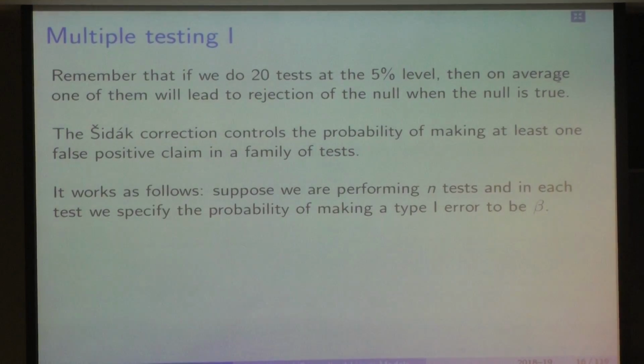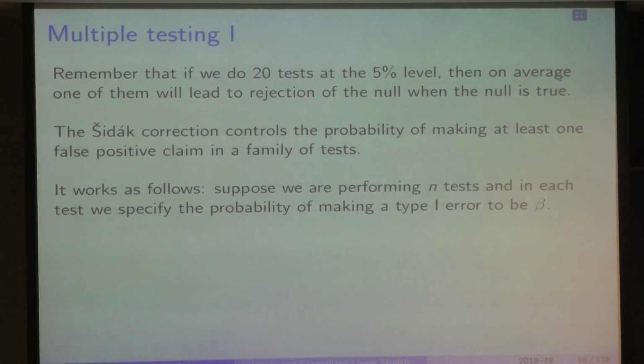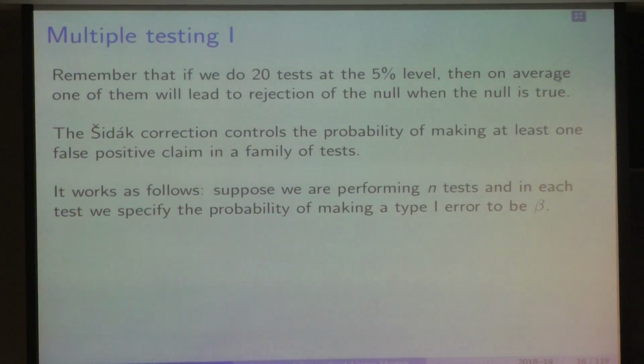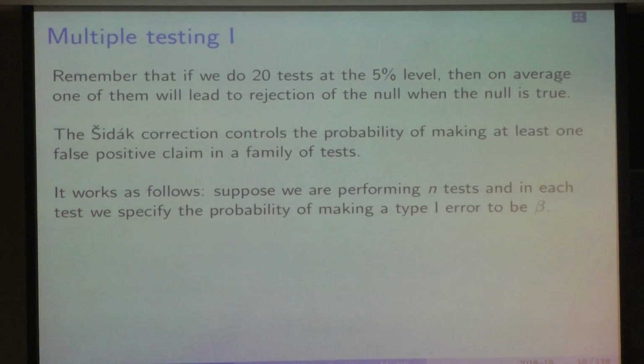We're going to set that to be beta. So the argument that I've just given says that as n gets larger, we're going to want beta to get smaller. Because if we keep beta constant, we're going to increase the probability of getting a false positive. And if n is large enough for fixed beta, the probability of getting a false positive will be very large indeed. So we're going to want our beta to get smaller as n gets larger.